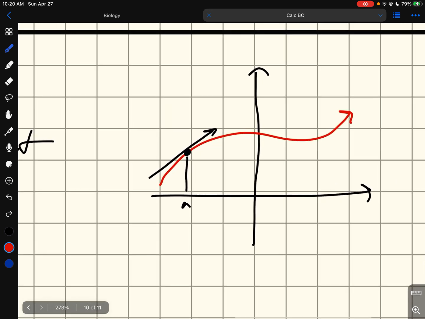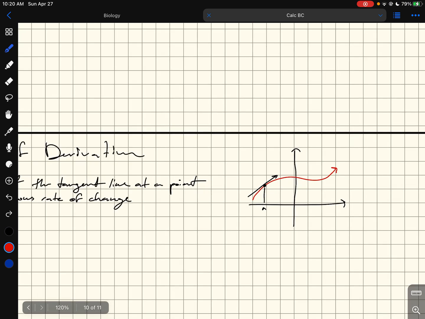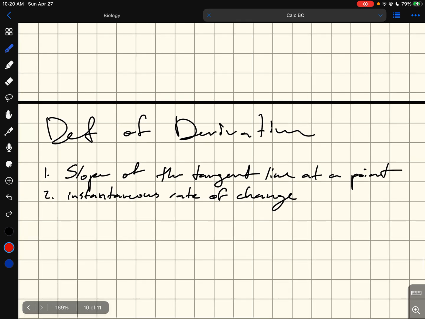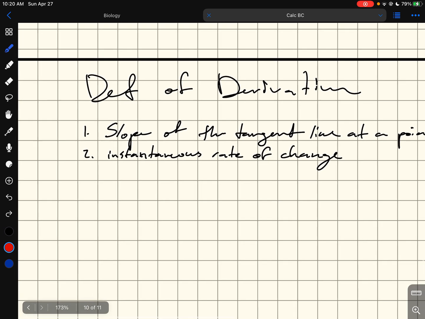So that's just saying the rate of change at this specific point A. And it's the same thing as the slope. So these all mean the exact same thing. Derivative and slope and instantaneous rate of change, it's all the same thing.